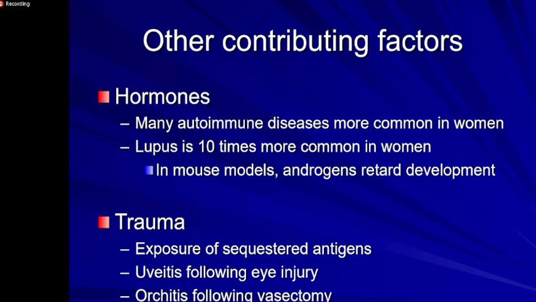And if you cause trauma, you actually cause the release of those antigens. And the B cells and the T cells will see these as foreign and will end up causing damage.